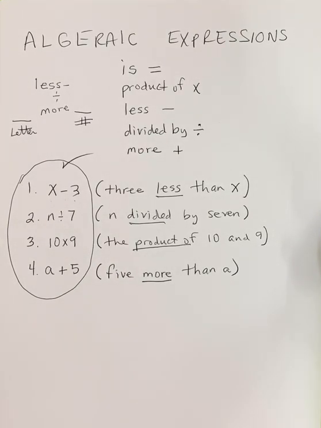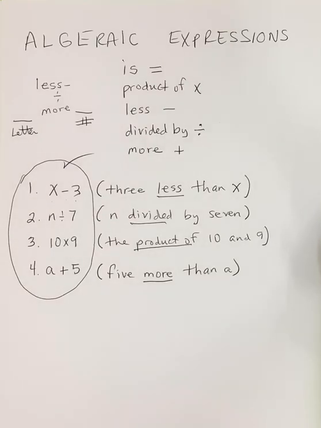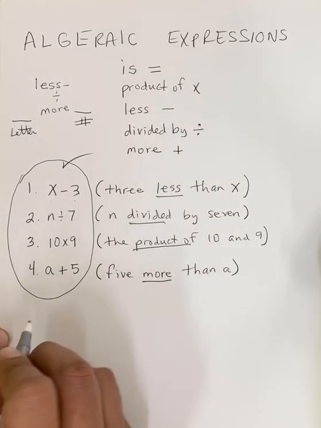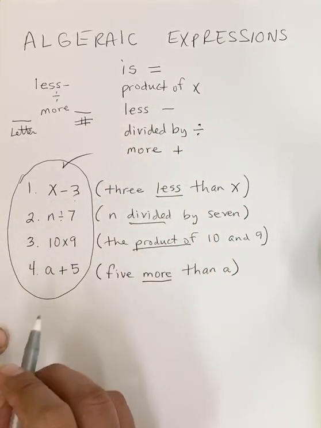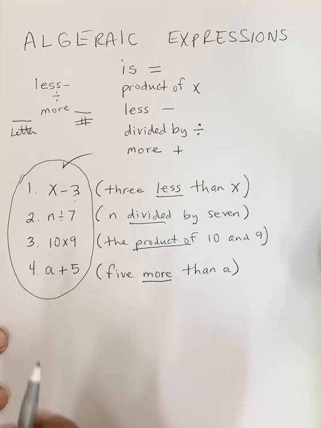The product of 3 and n is 12. The product, another one, the product of 3, so product would be a times table. So the product of 3 and n is 12.